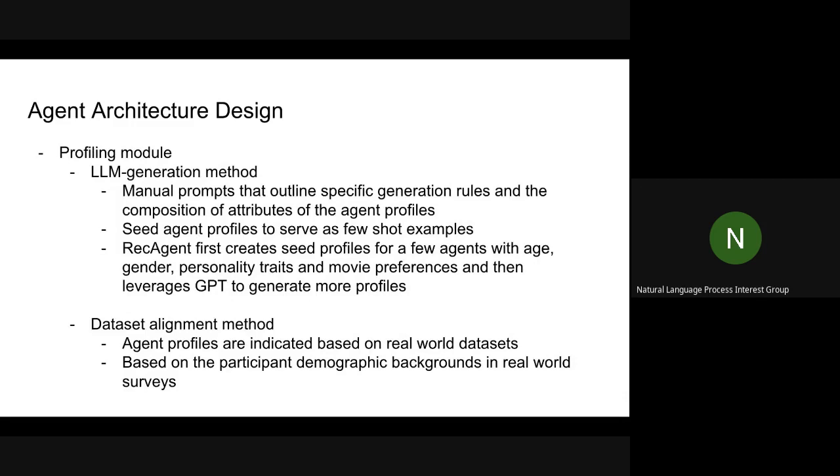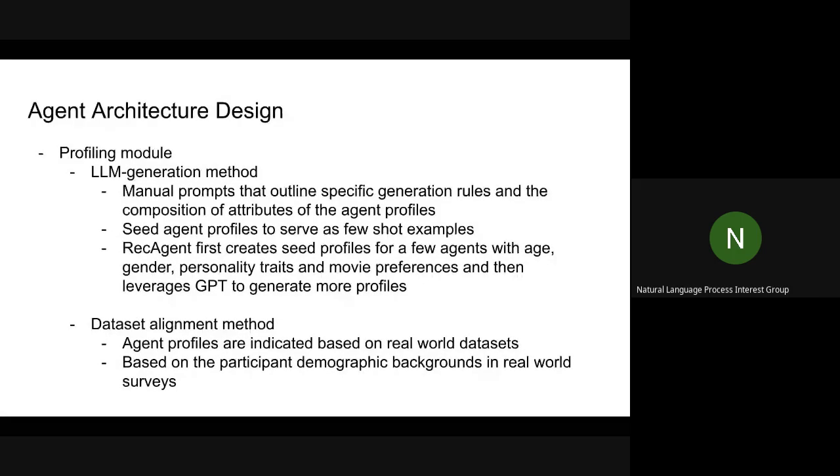And then the other one is the LLM generation method. Here it's similar, but you have a few seed agents to serve as few-shot examples. This gives the LLM a template of how these profiles should be.